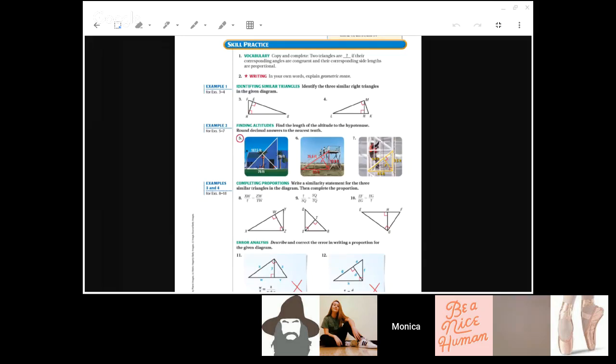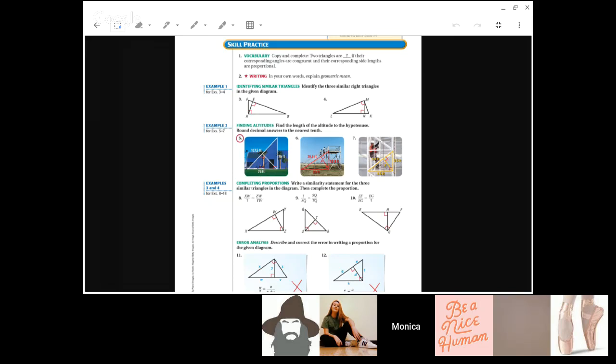So looking at number 5, this is going to be the same type of thing. We have to look at it and see, okay, we have measurements for, really these two triangles look very similar, and they have the same hypotenuse measurement. So we have the hypotenuse of one, the hypotenuse of the other, and then of the big triangle, we have leg, leg, and hypotenuse.